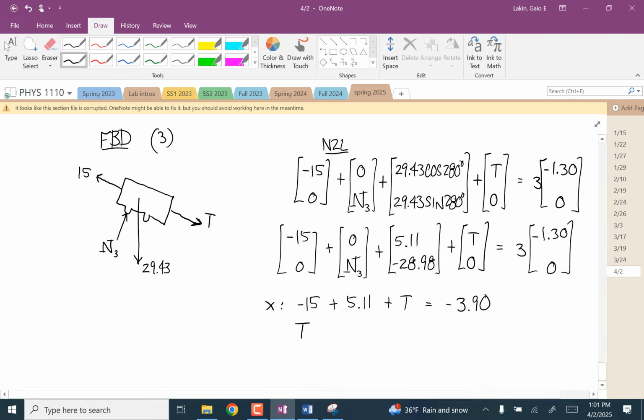And so T is equal to 5.99 newtons. Did you get negative 3.1? That's 3 times 1.30. Any questions about that?